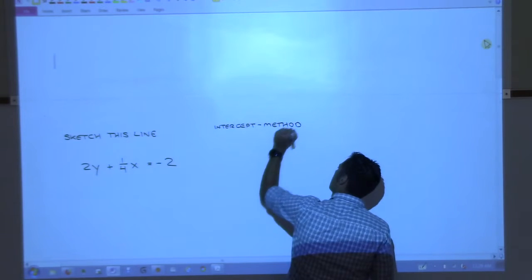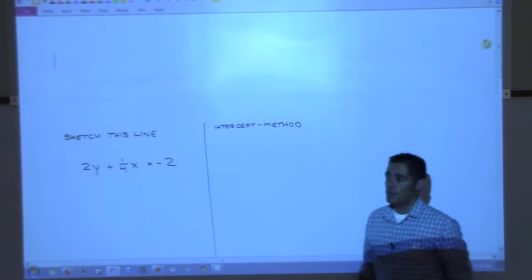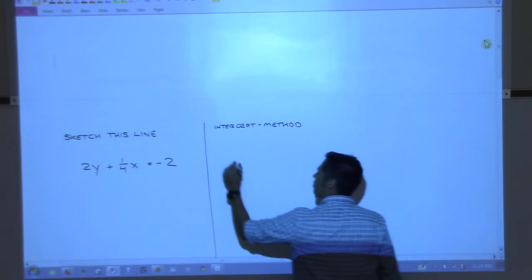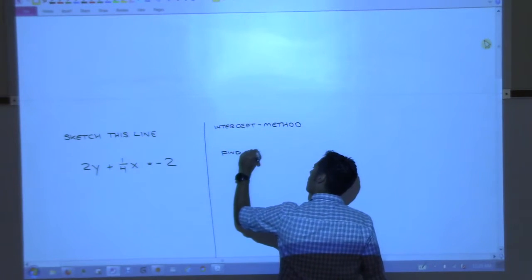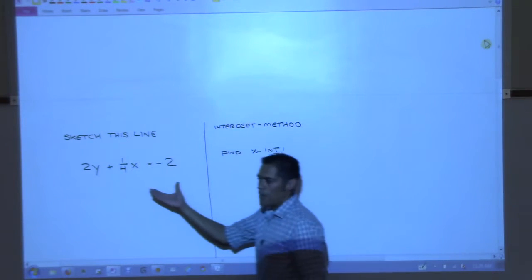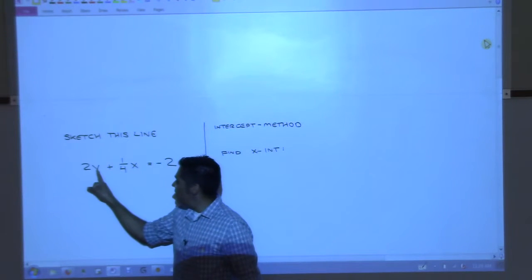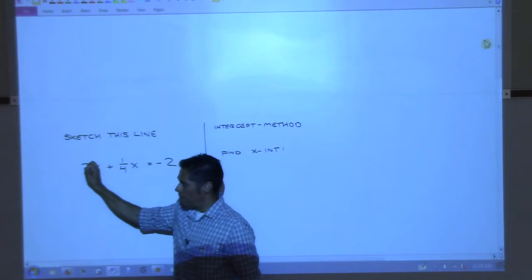All right, so for the intercept method, what I'm going to do is find the X and Y-intercepts. So let's find the X-intercept. To do that, I look at the equation and I replace what with what? Y with 0. So if I put a 0 here, the 2y is gone, right?